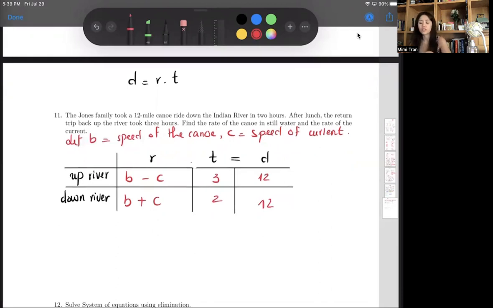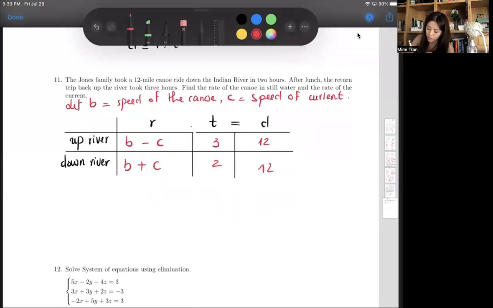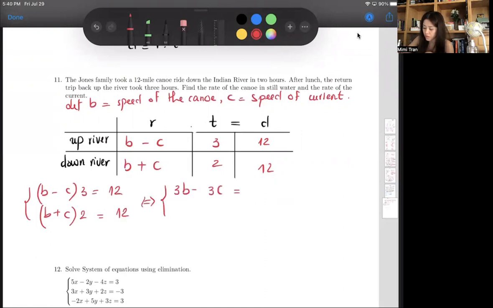We know this is rate times time, so we have two equations here. It's going to be B minus C times 3 equals 12, or B plus C, same thing, times 2 equals 12. And then you solve these two systems of equations. So I have 3B minus 3C equals 12, and 2B plus 2C equals 12. I'm using elimination and I choose to eliminate C. Why do I choose to eliminate C?